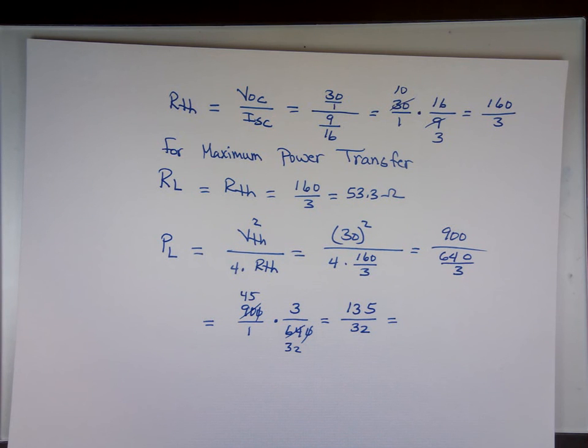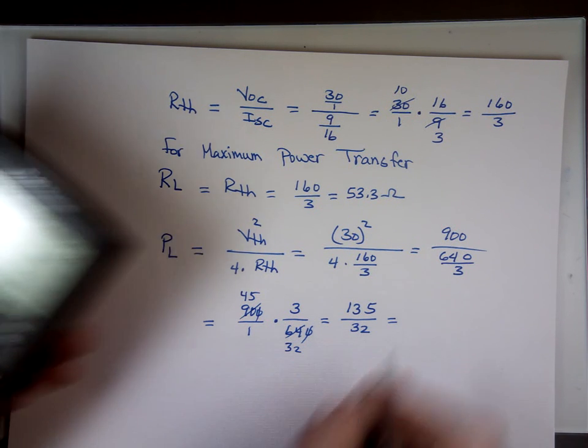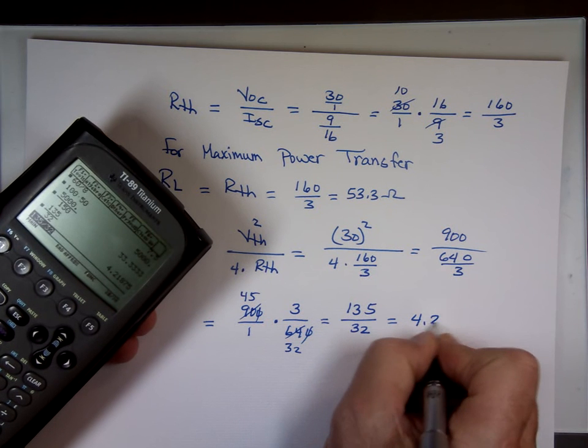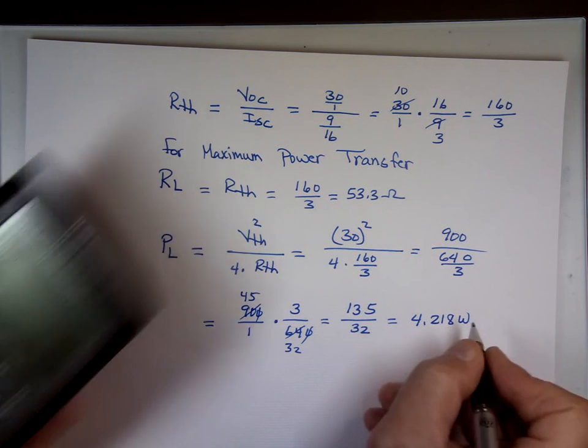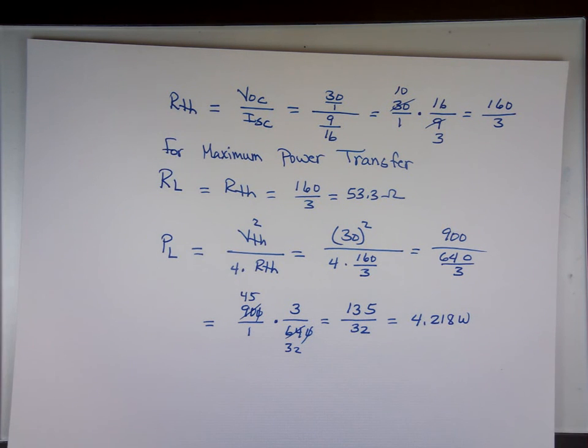I'm not sure why I'm in the mood today of fractions. Maybe trying to get you all confused. So that's 4.218 watts. That's the maximum power delivered to that load, or absorbed by the load.